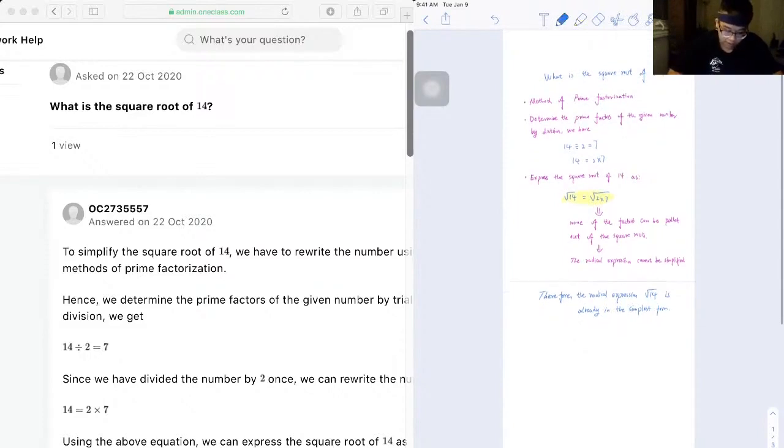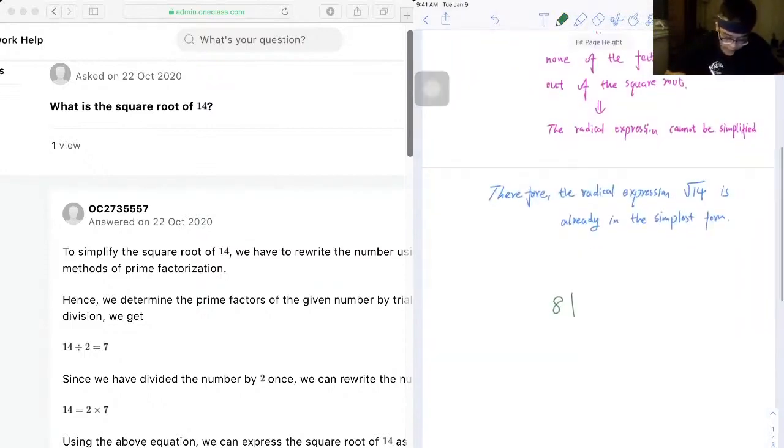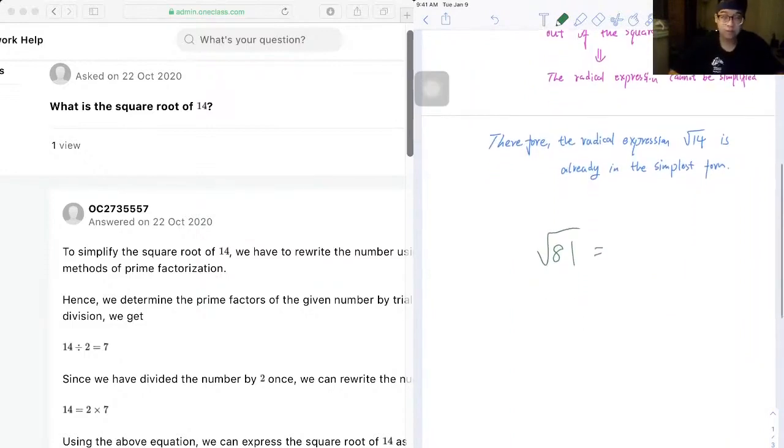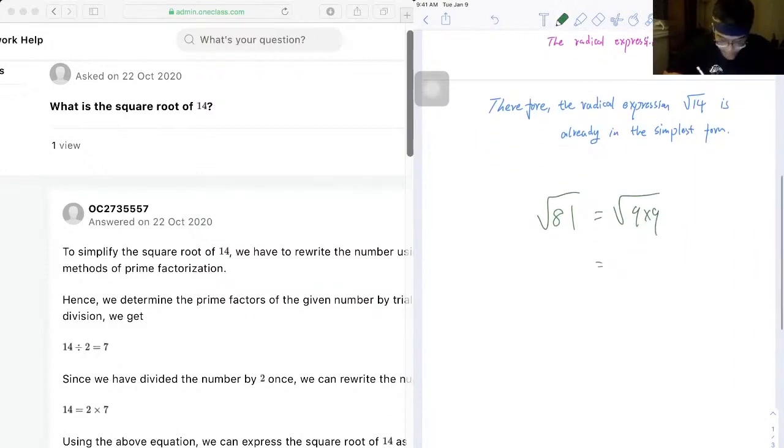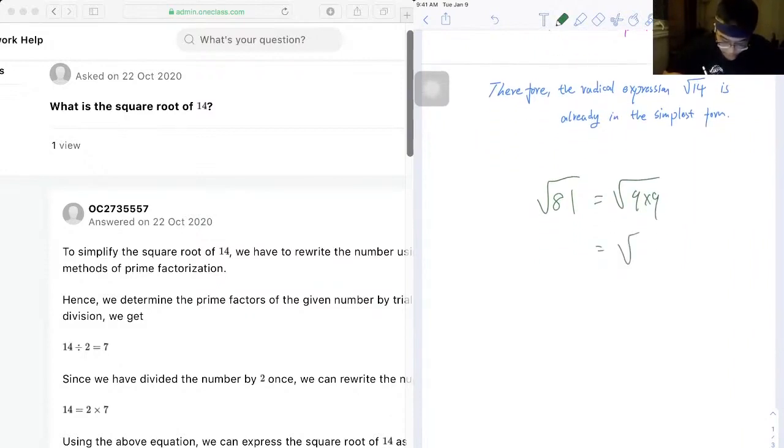But let's say we are asking the square root of 81. In this case, because 81 is equal to 9 times 9, it can also be written as 9 squared, and if we take the square root of something squared, that will be equal to the number itself.